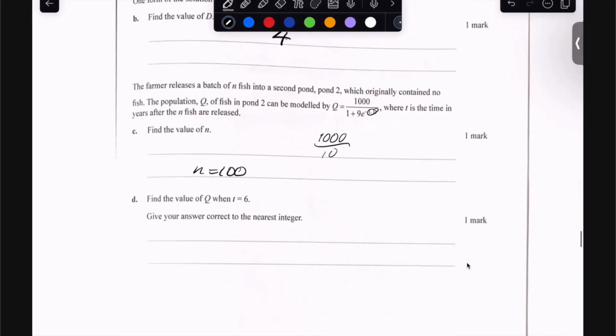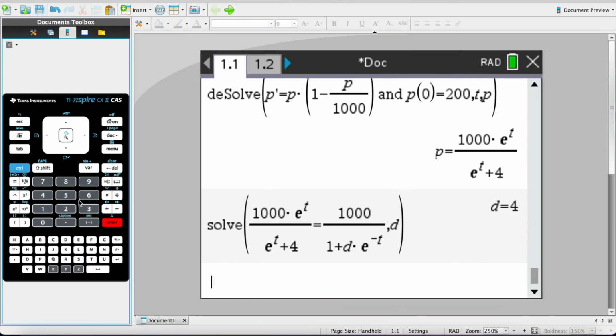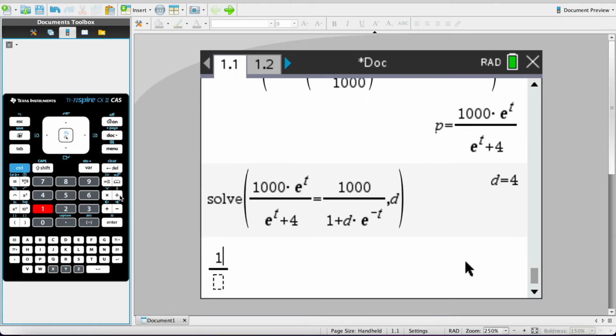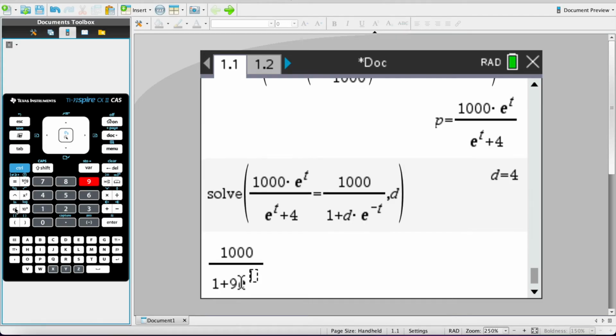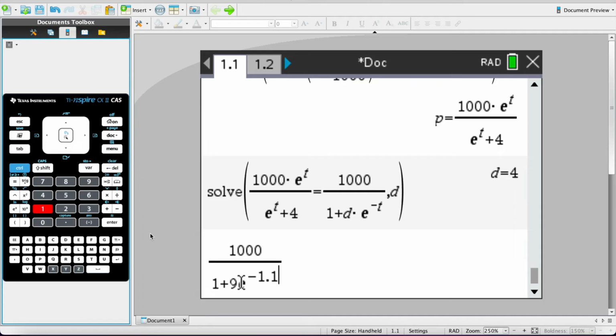Find the value of Q when t is 6 to the nearest integer. So 1000 over 1 plus 9 times e to the power of, is that negative 1.1? I can't really see, it's a bit blurry, but negative 1.1 I hope, times 6.